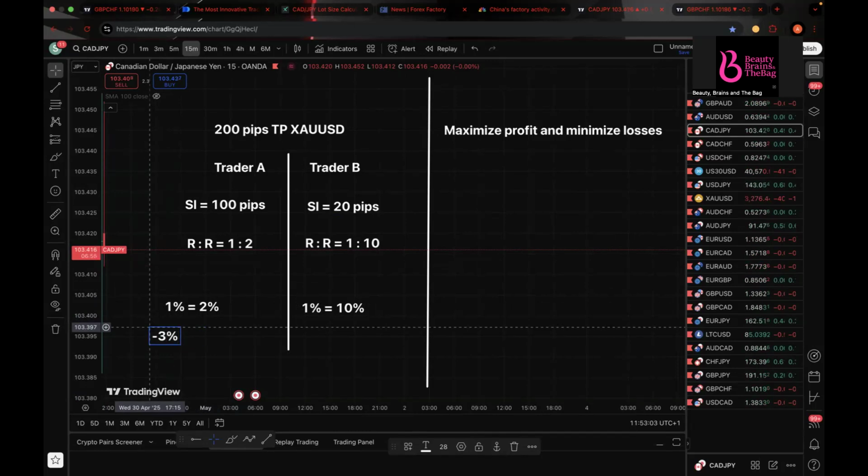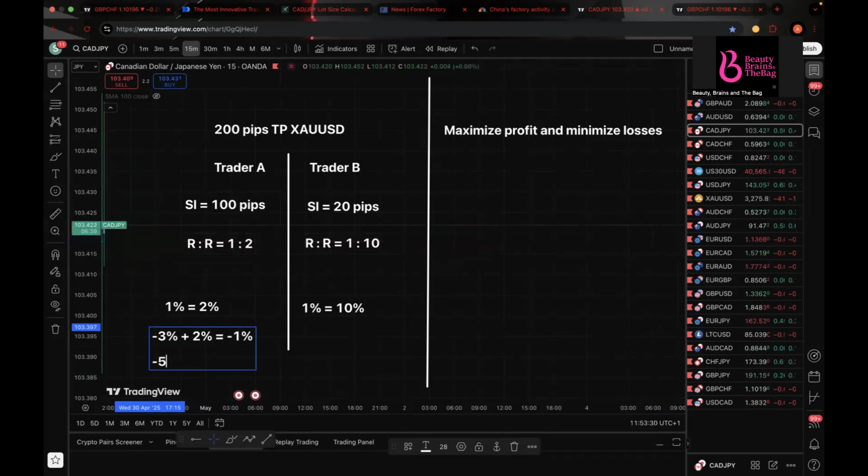After these three losses, if the person wins one trade, the person will just win 2%. So the person will still be on a negative of 1%. If the person has five losses in a row, the same thing too. The person would be on minus 5%.